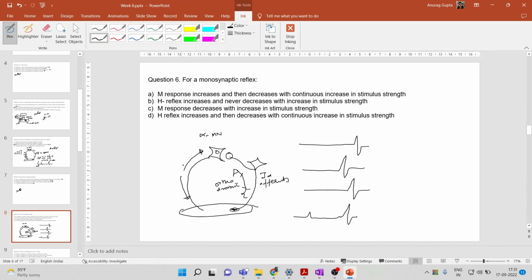Since the action potential is first initiated at this particular location, there will be an orthodromic conduction, and there will be an antidromic conduction. Sorry, this is called an antidromic conduction that is towards the cell body, and this is called an orthodromic.